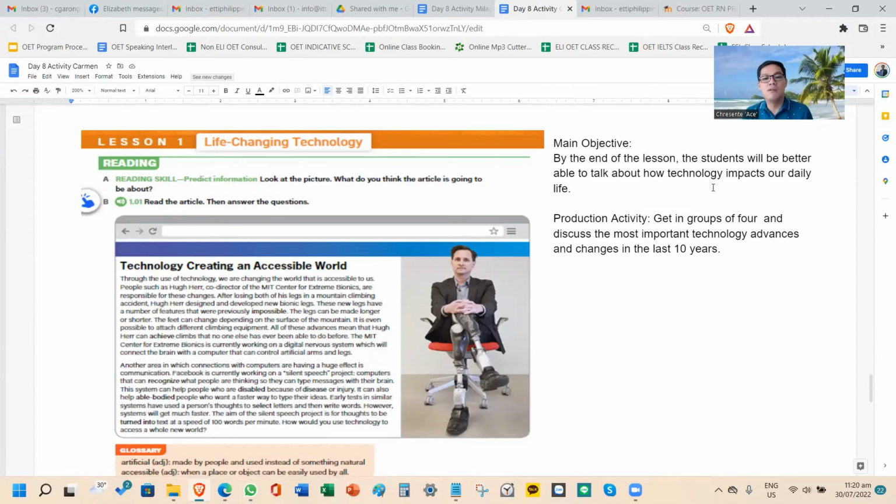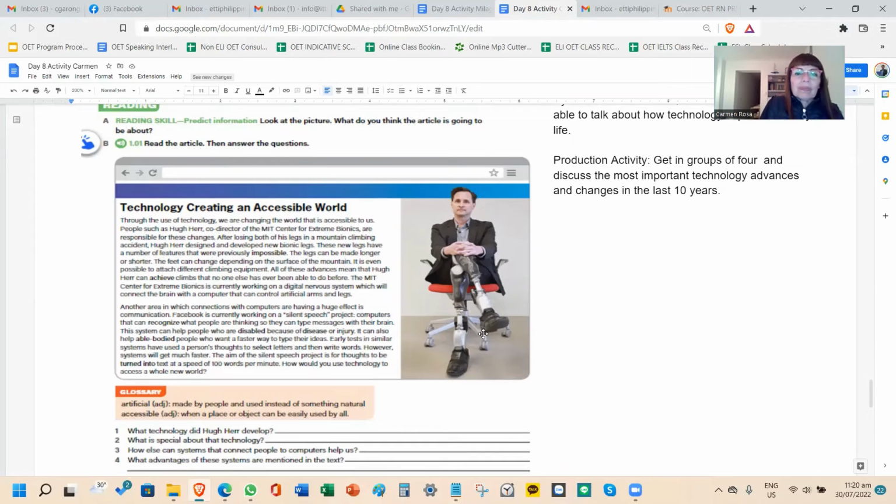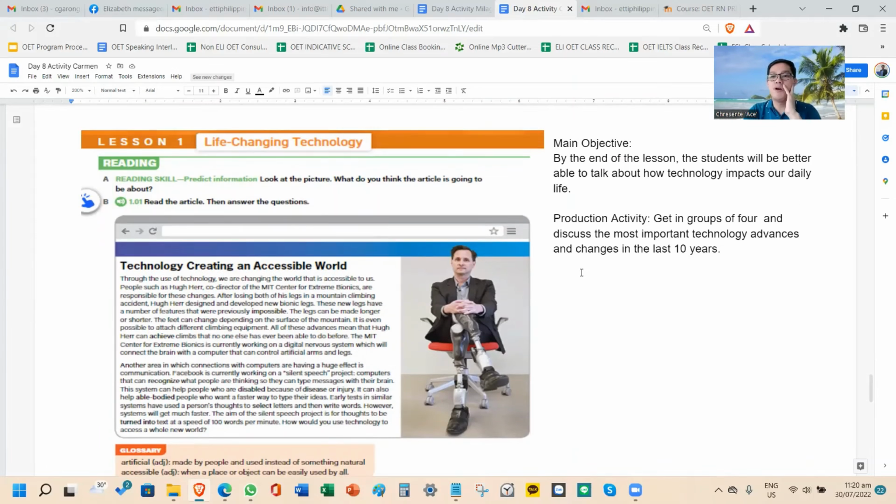Ah, okay. So there is a technology. He has artificial legs. Oh my God. Yes, now I see them. Imagine, he can continue living. So this is an example of a technology that impacted his life and enhances his way of living.